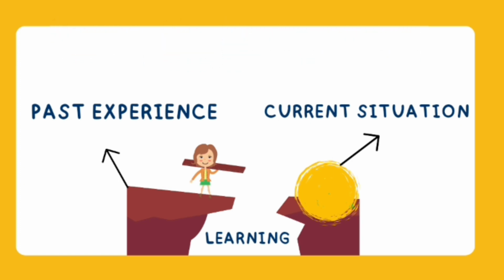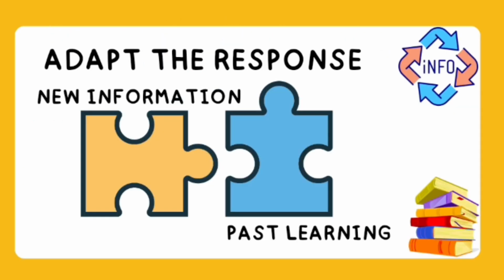Next, adopt the response. So in adopting a response, it means integrating new information into past learning, and this is the ability to give meaning to new information through association and inference.